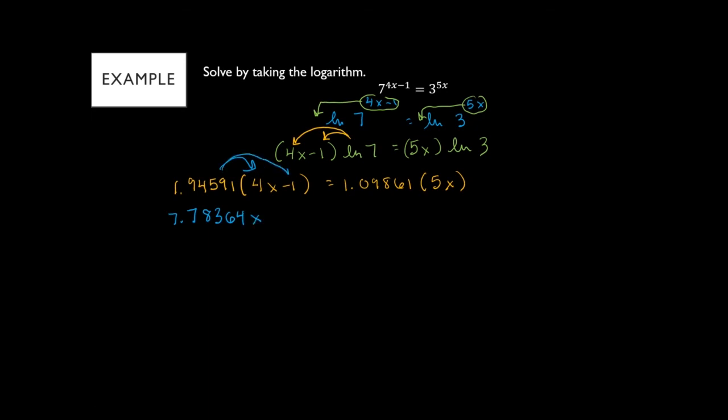And then I'm going to multiply it by -1, so that's -1.94591. And then on the right, I'm going to multiply the 1.09861 times 5. And so that gives me 5.49305x. Can't forget my x there.